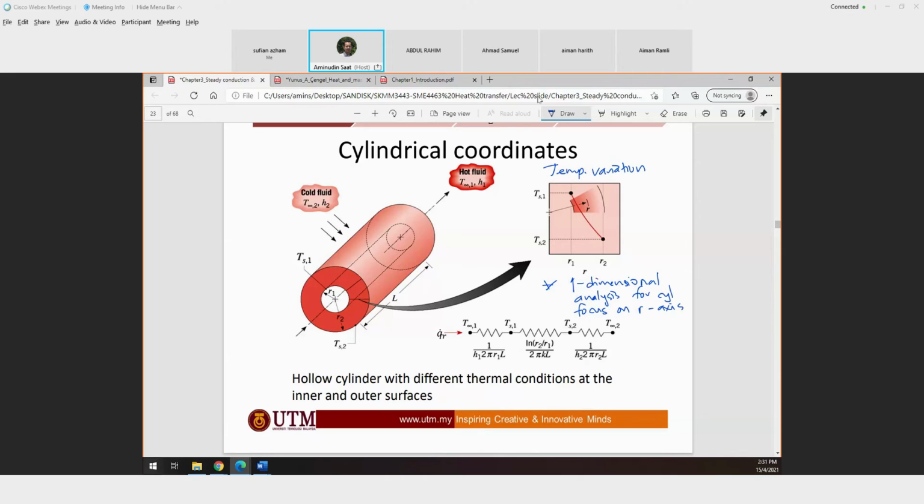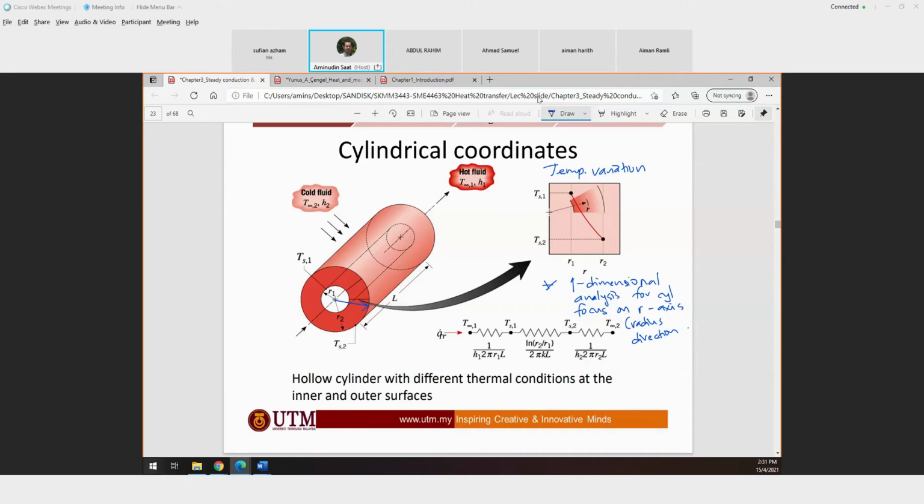We only need to consider the temperature distribution in the radius direction.